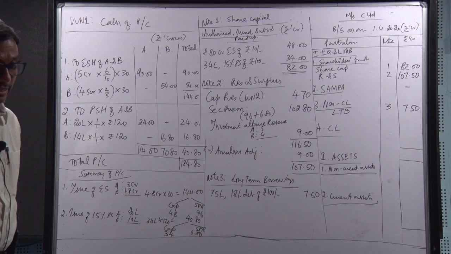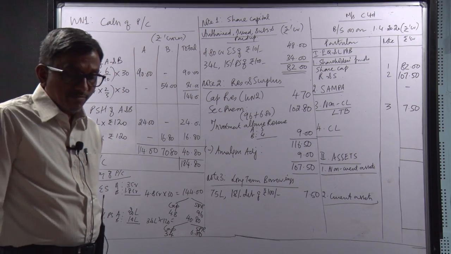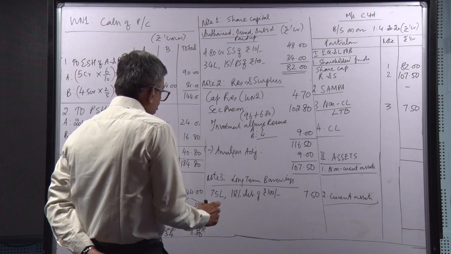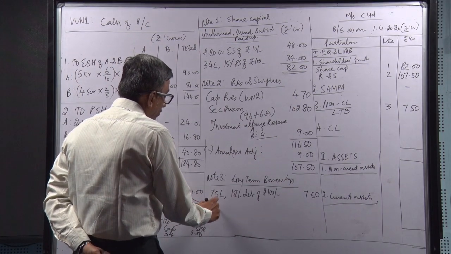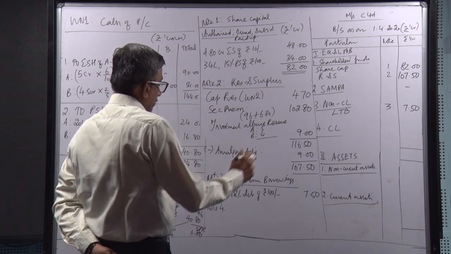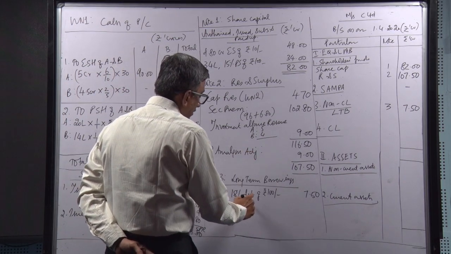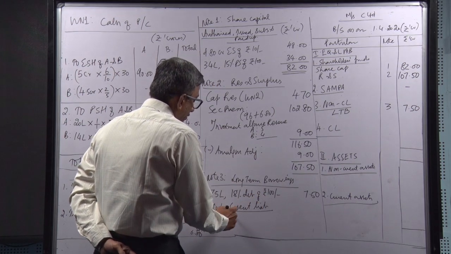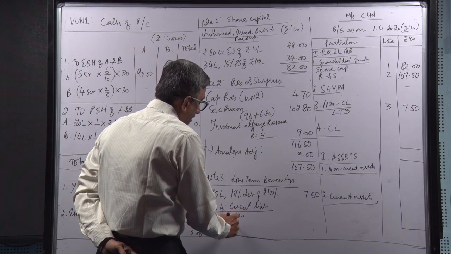Current liability, creditors and bills payable come under the category of current liabilities. So you write note number 4, current liabilities. Sundry creditors and then bills payable.